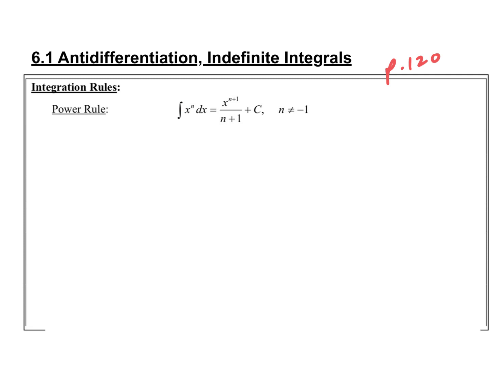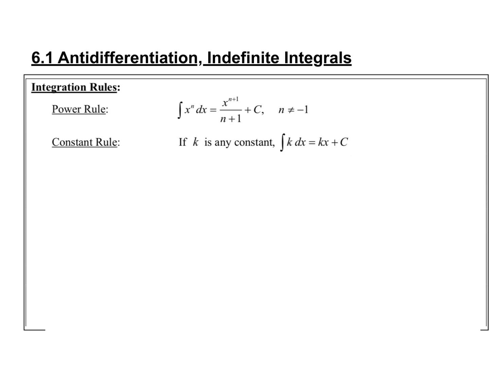Well, with antiderivatives or integrals, the powers go up by 1. So, of course, this is the power rule. You add 1 to the power, and then you have to divide it by that power, whatever that new power is. Or you could multiply it by 1 over n plus 1, right? I'm going to fly through these now, okay?